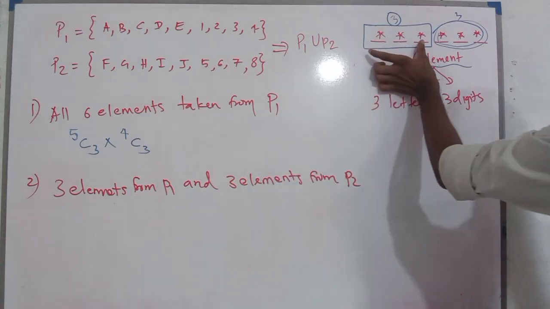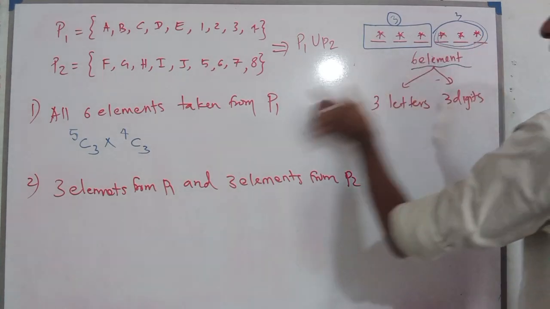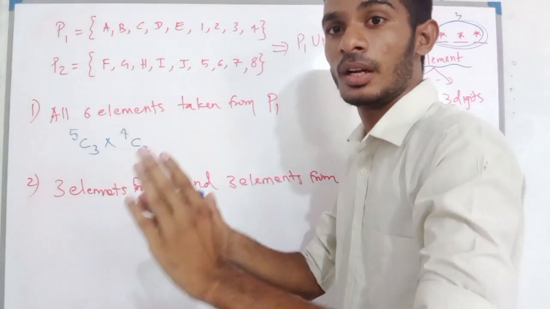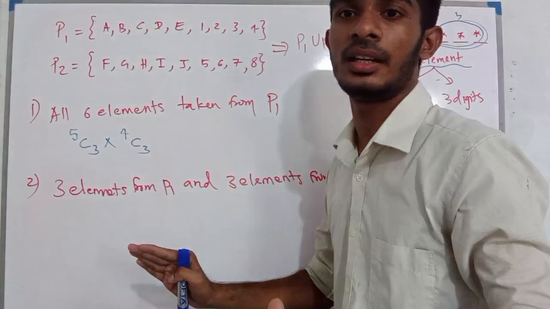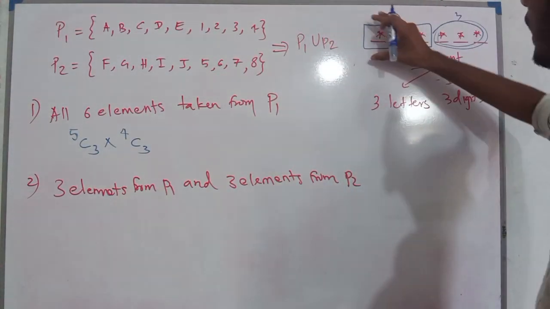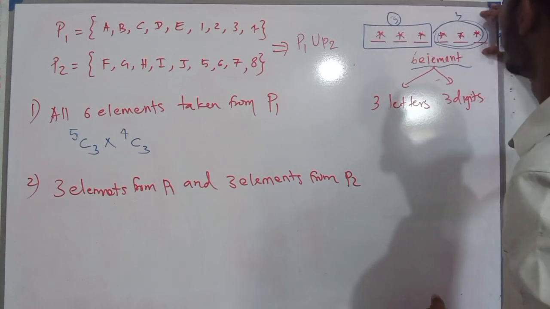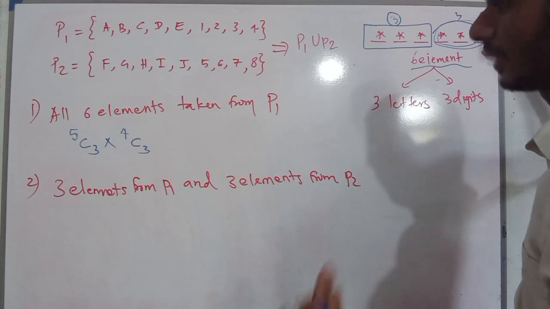Now this is the combination of letters and this is the combination of digits. We have to multiply because we have to find all the different cases.